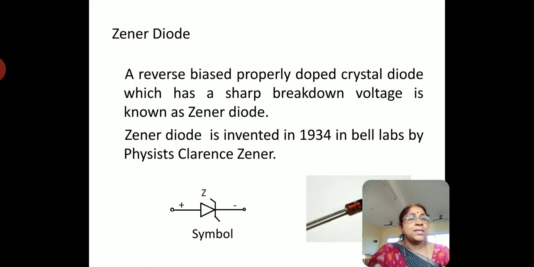The Zener diode was invented in 1934 in Bell Laboratory by physicist Clarence Zener. A reverse biased, properly doped crystal diode which has a sharp breakdown voltage is known as a Zener diode.